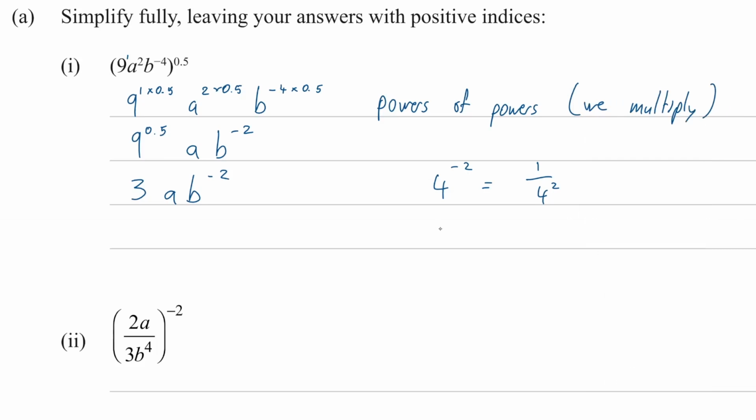One more example. Let's do 1 over 2 all to the power of negative 4. That is the same as 2 over 1 to the power of positive 4. So what I've done there is I've inverted it. So in the case of 4, I did 1 over that squared, which is technically the same as that.